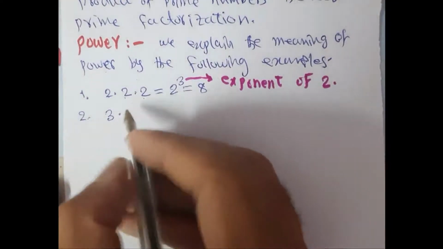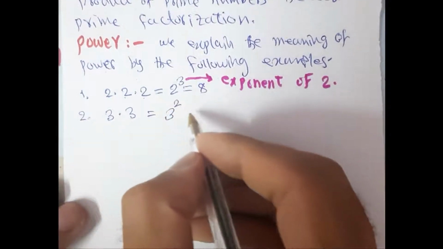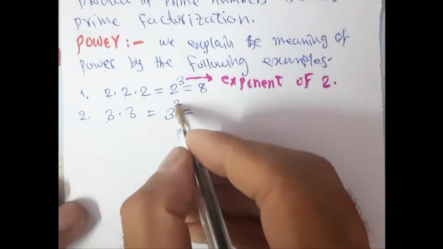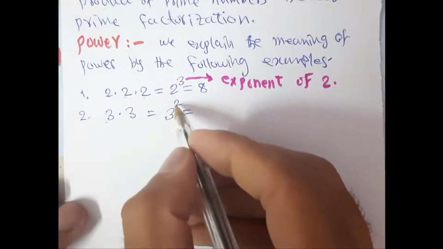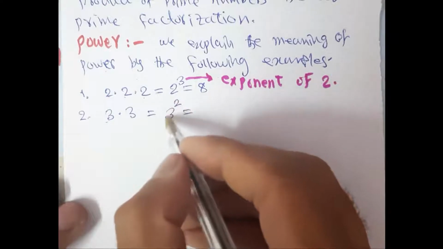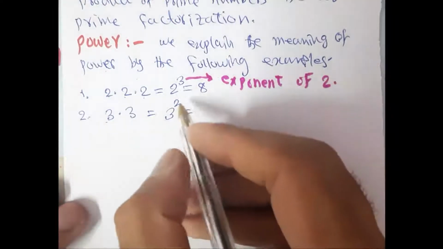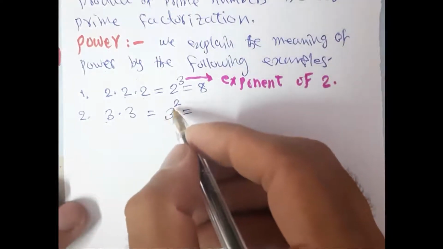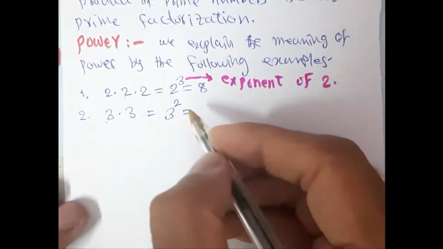Number 2: 3 times 3 is equal to 3 power 2. Here 2 is the exponent of 3. The whole 3 power 2 is called the power, but 2 is the exponent and 3 is the base.